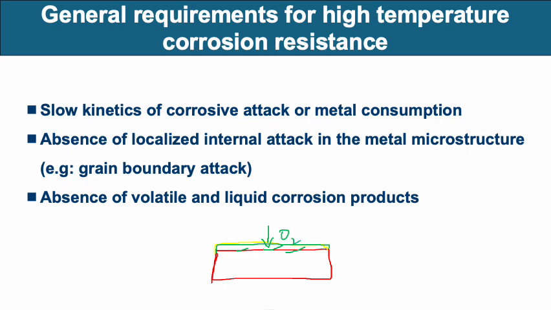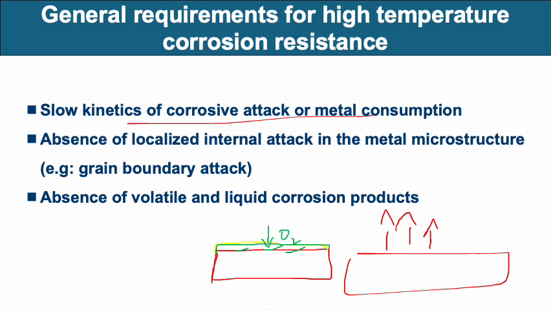Instead of forming this kind of layer, if my material starts to release some gaseous corrosion product, or meltable or molten corrosion product, it's a danger. So I don't want that to happen. So these are the main three conditions that I need to care about. And this is achieved mainly by the protective scale formation.